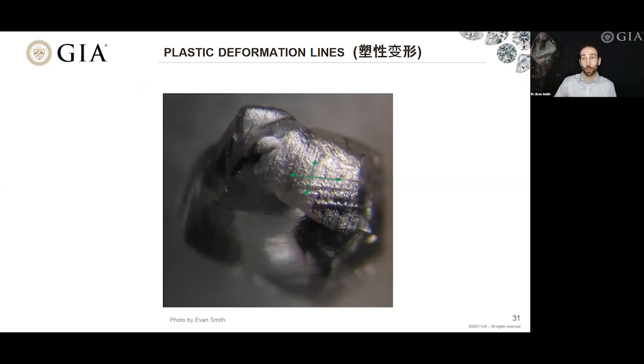This diamond has two sets of plastic deformation lines that cross each other. Plastic deformation generally occurs above about 900 degrees Celsius.